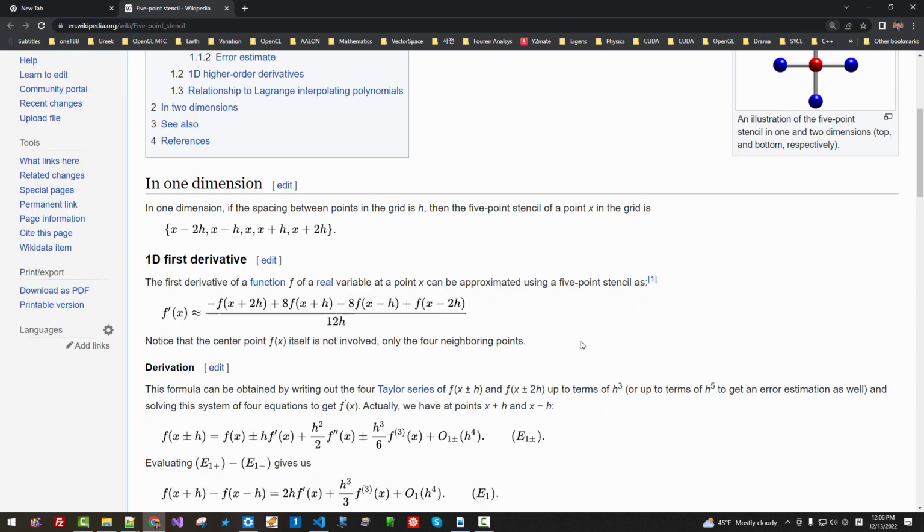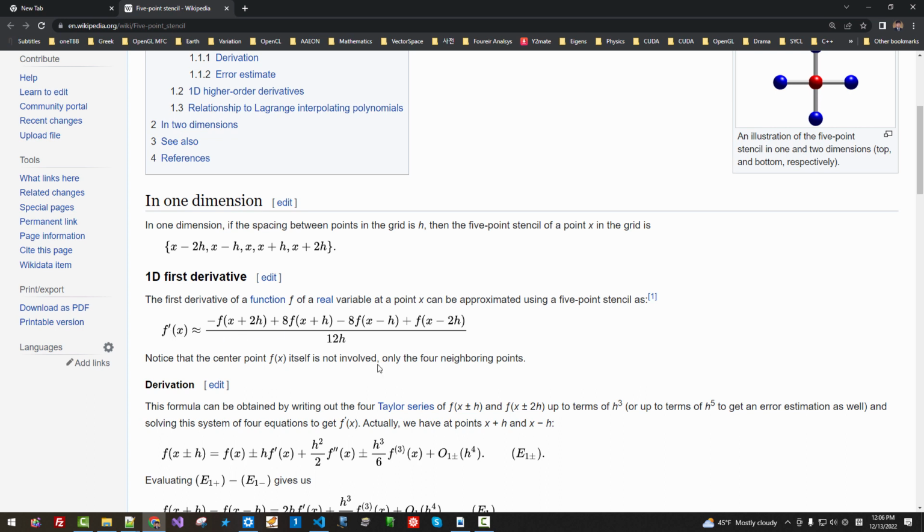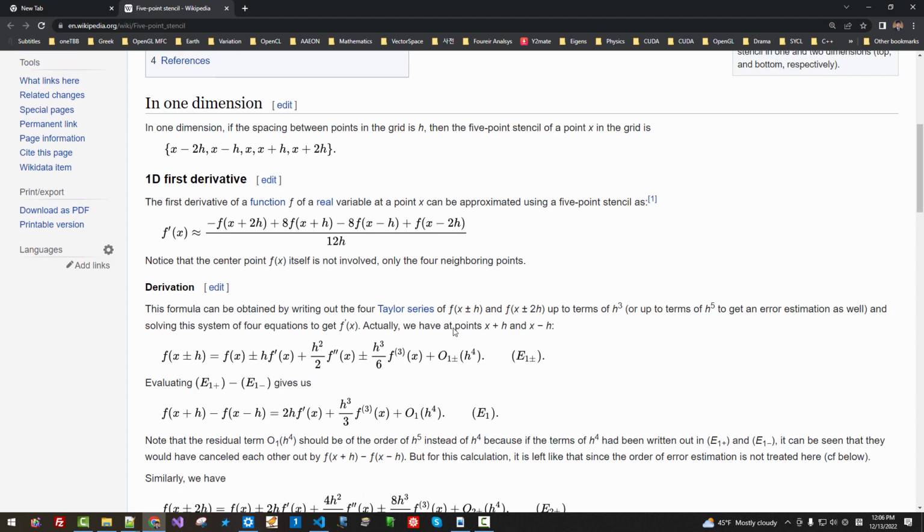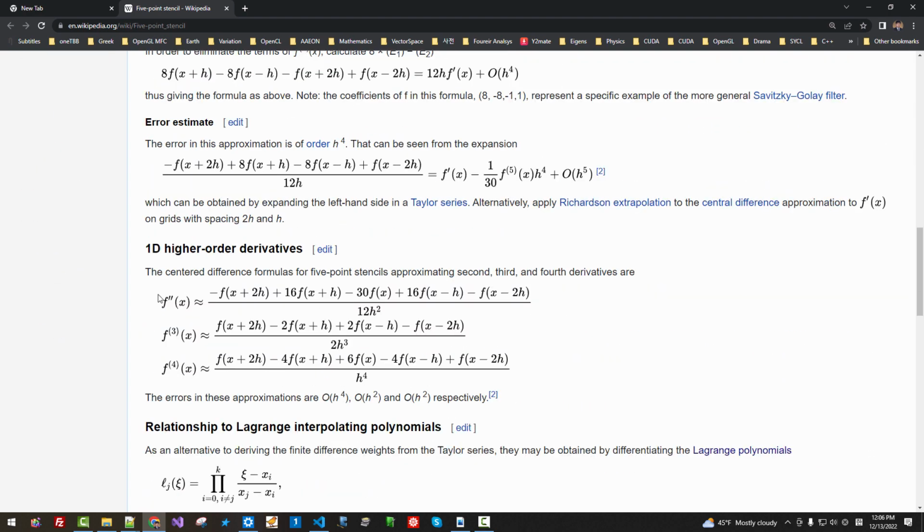So, in case of first order derivative, we call fx 4 times: x plus 2h, x plus h, x minus h, x minus 2h. In case of even ordered derivative, we call function f 5 times: at x plus 2h, at x plus 1h, at fx, at x minus h, at x minus 2h.